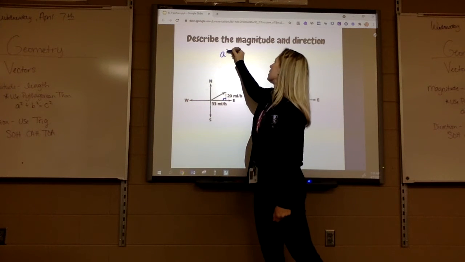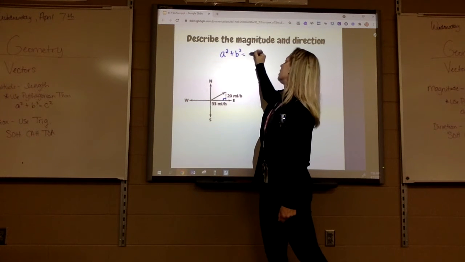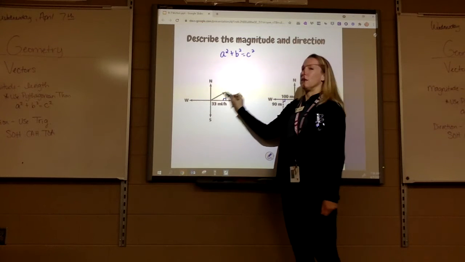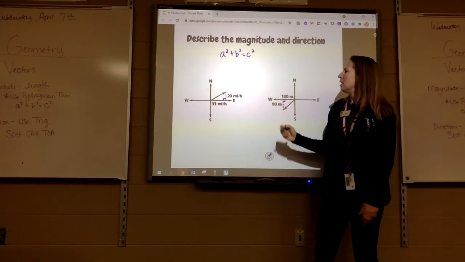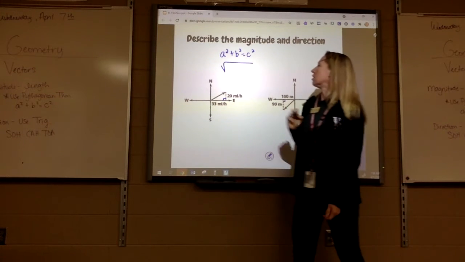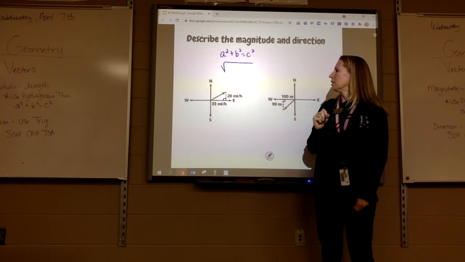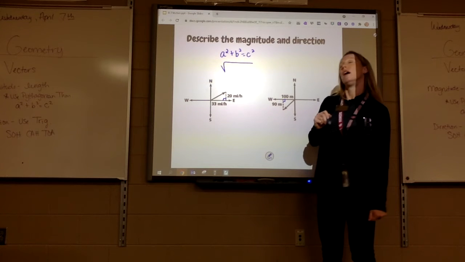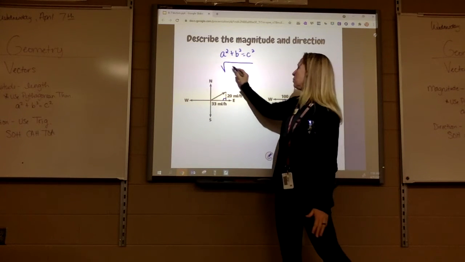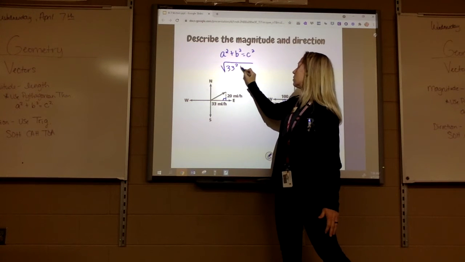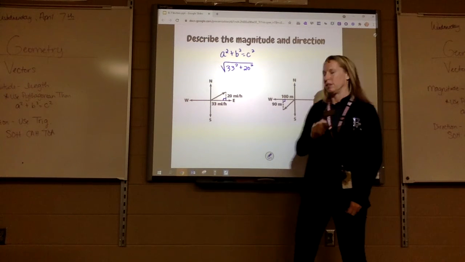So Pythagorean theorem is a squared plus b squared equals c squared. The c would be my hypotenuse, so I need the longest side. Would I add or subtract under the square root? Add, yes, I need the longest side, so I'm going to add a squared plus b squared. 33 squared plus 20 squared.